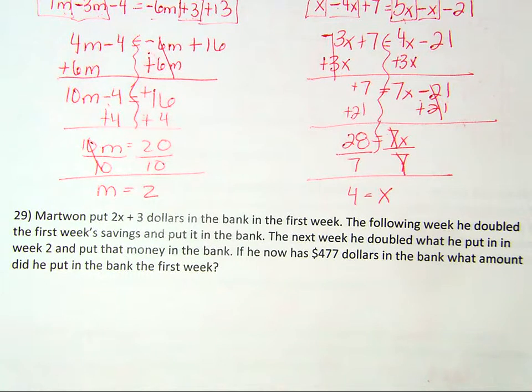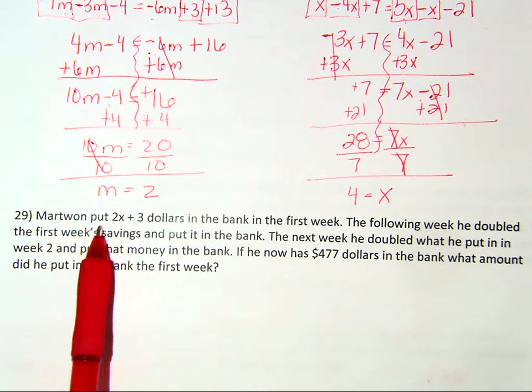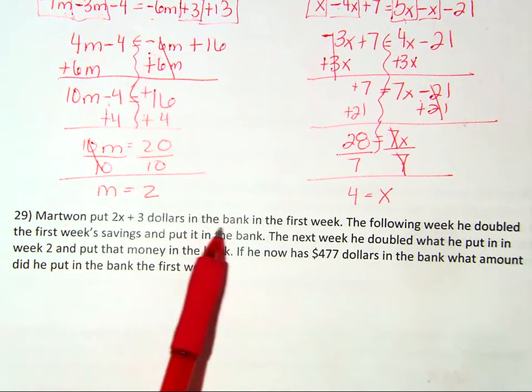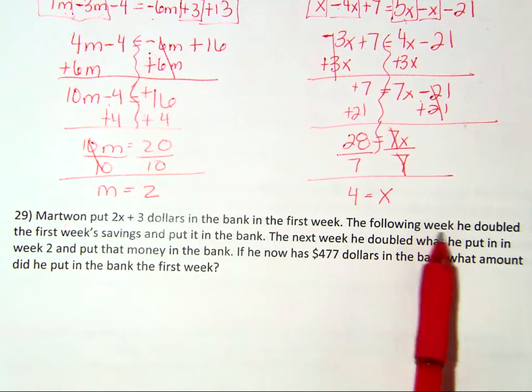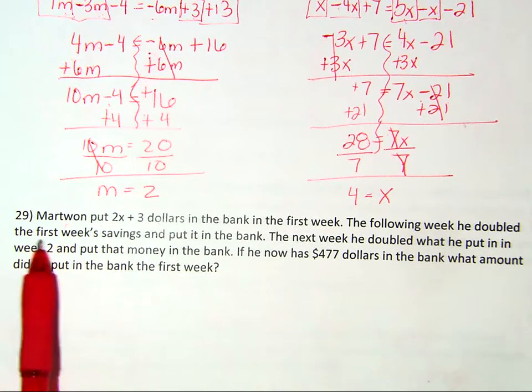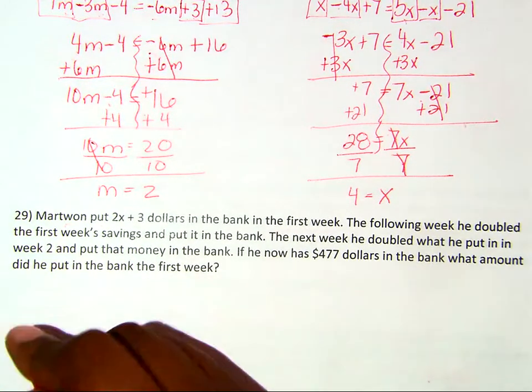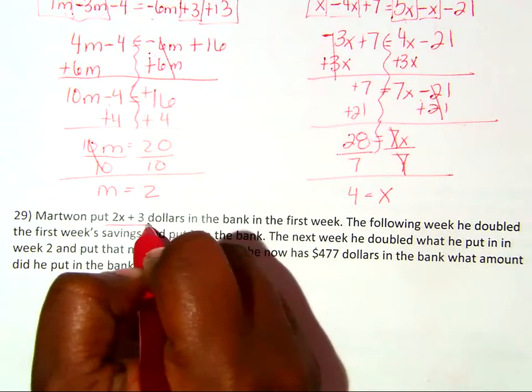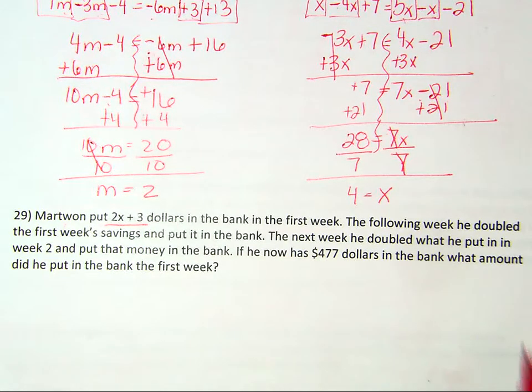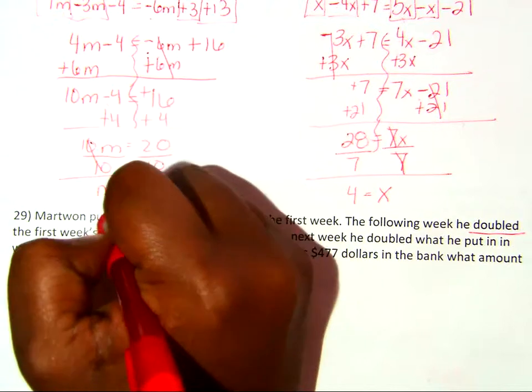Martwan put $2x plus $3 in the bank in this first week. The following week, he doubled the first week's saving. So first he put 2x plus $3 in. Then he doubled it.